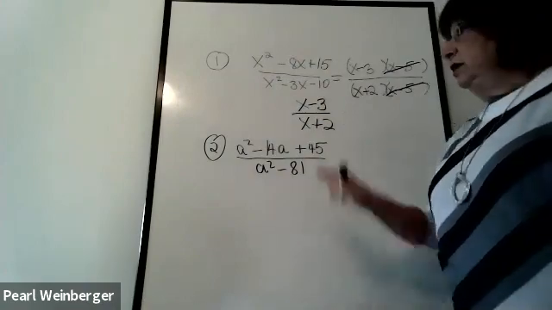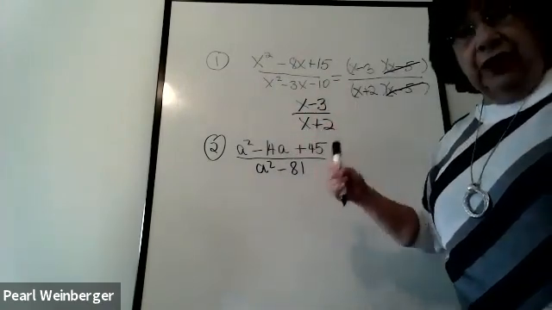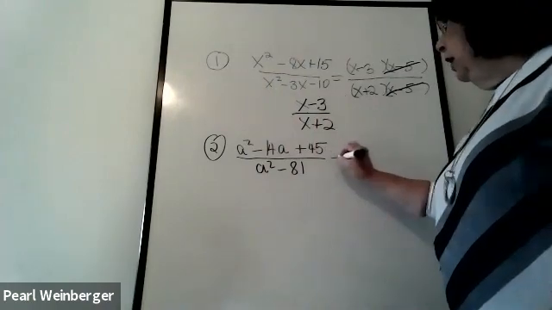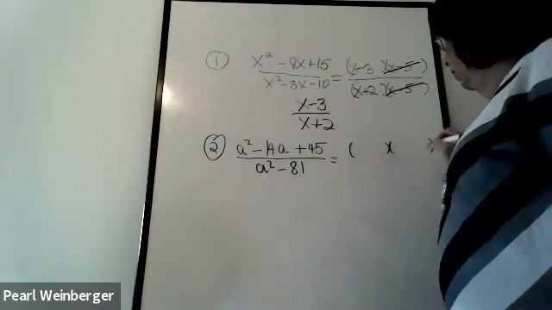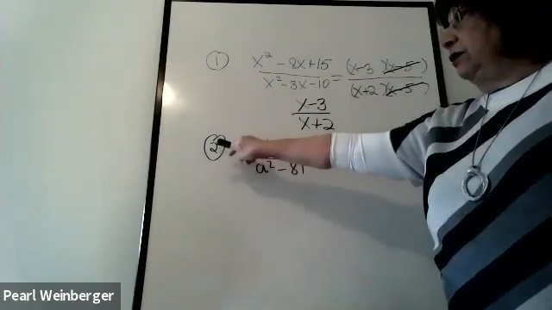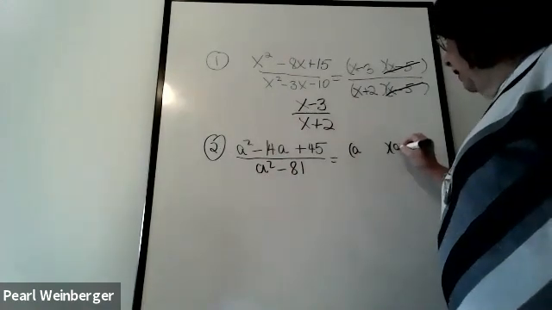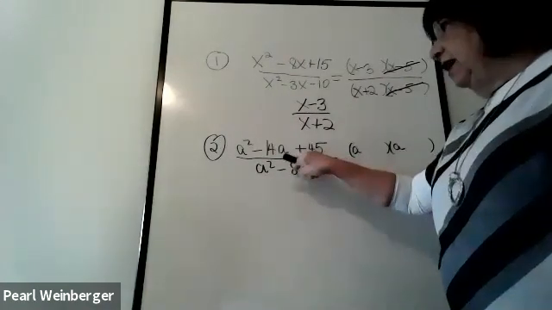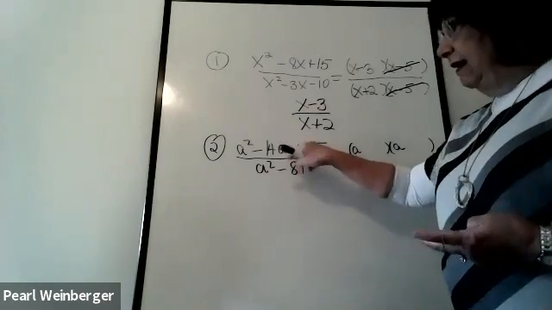So again, since these are polynomials in both numerator and denominator, we've got to factor as much as we possibly can. Again, this is not the difficult type of factoring because we're starting with just a plain a squared, so I can break it up into a and a. My final term is positive, which means both signs are the same.